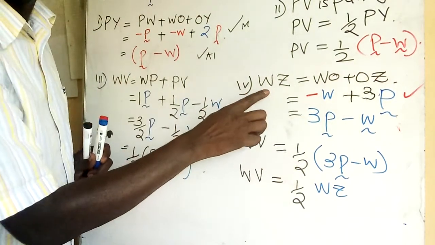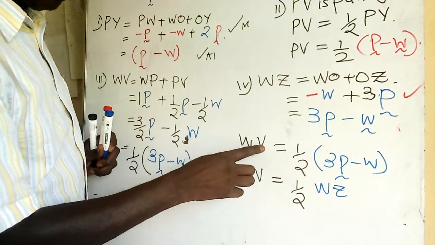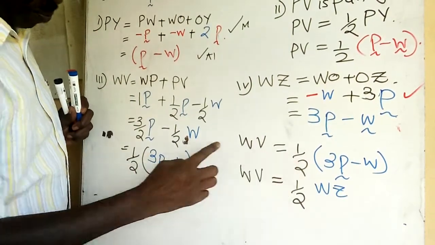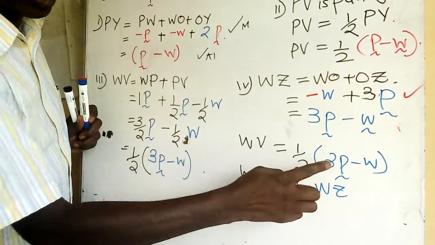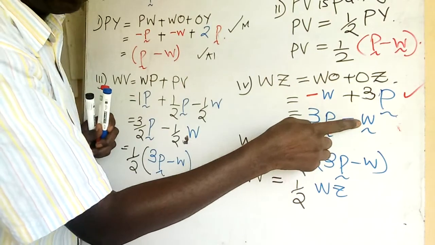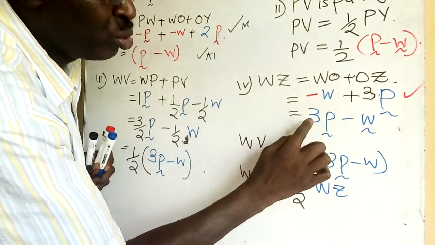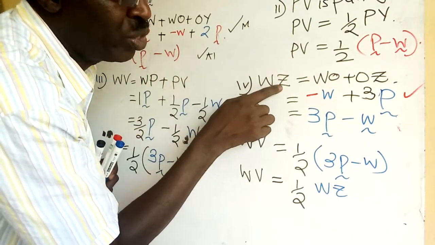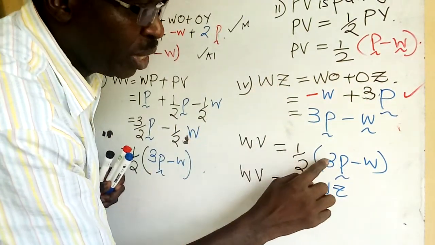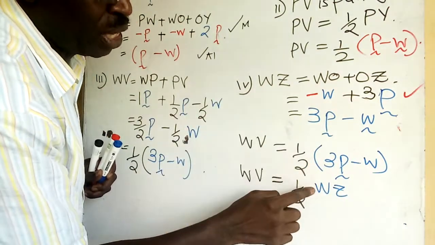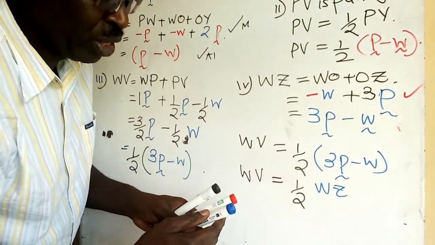WV and we have WZ. So WV happened to be a half 3P minus W, and WZ happened to be this. So you see 3P minus W is representing WZ. So in place of 3P minus W here, I can put WZ, which means what?